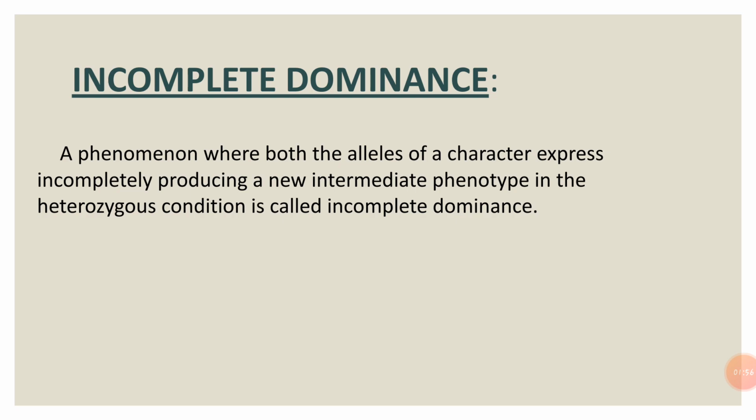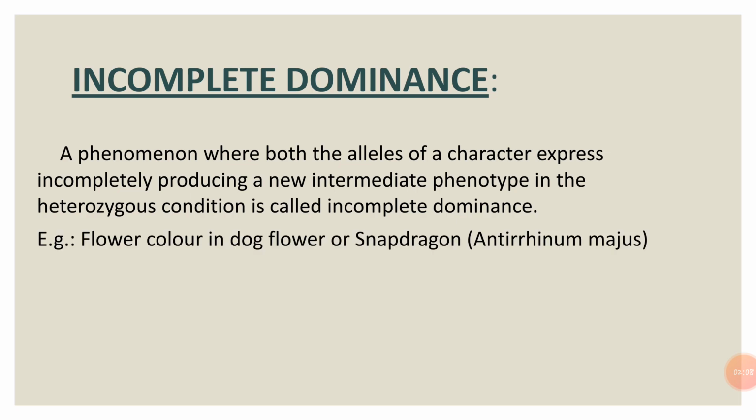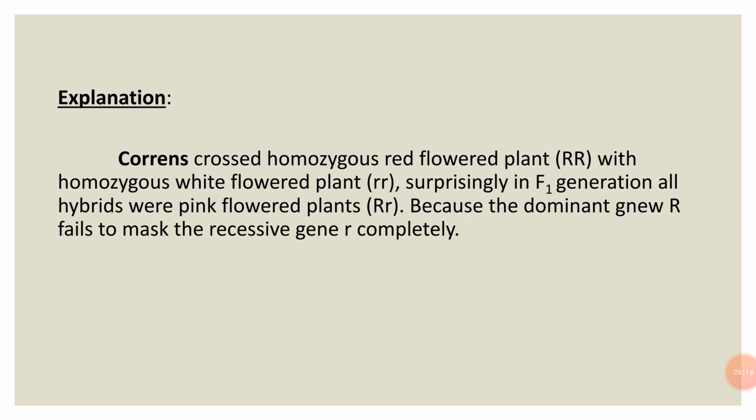It means that it did not resemble parent A or parent B, but the character was in between both. The best example for this is the flower color in dog flower, also called snapdragon. We'll see the explanation given by Correns.